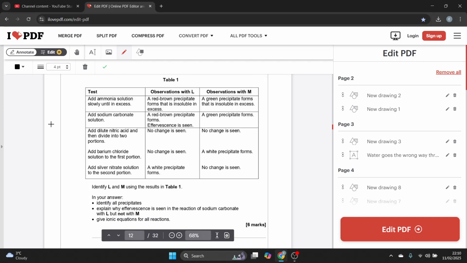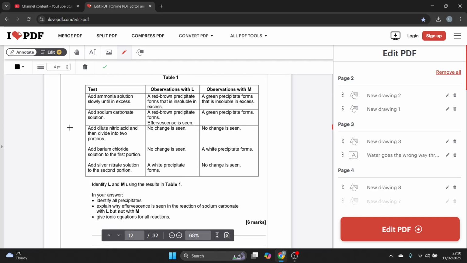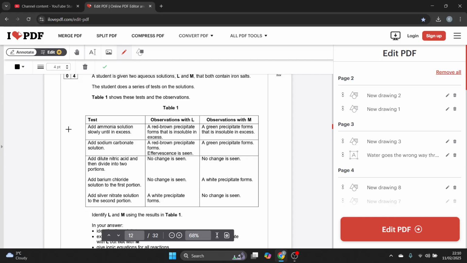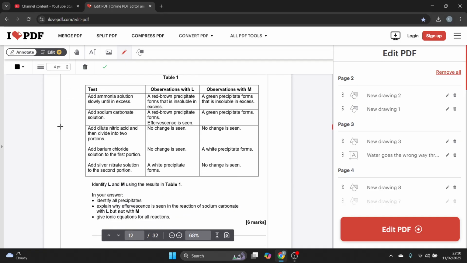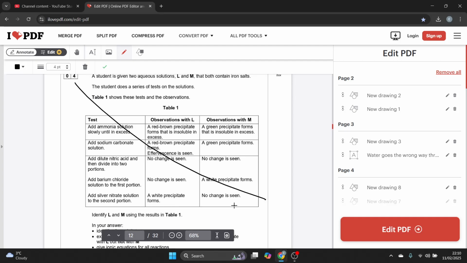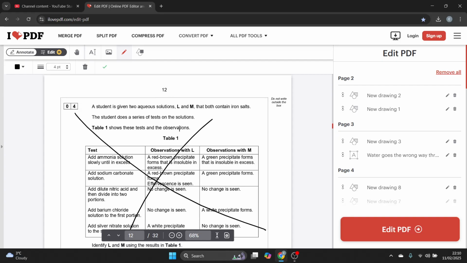Maybe I could do this. Red brown precipitate. No, I don't think so. Iron salts, two aqueous solutions, observation L, observation M. No, I don't think I can go for this as well. Let me check in the Year 2 book, transition metals.